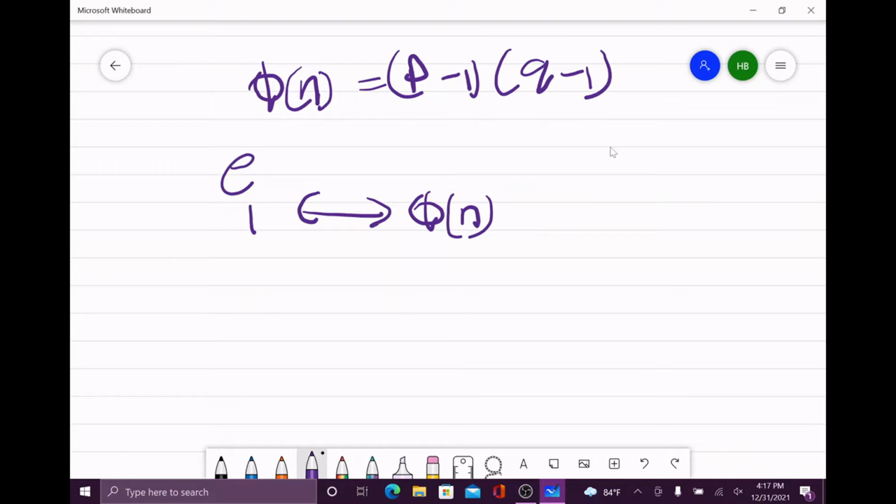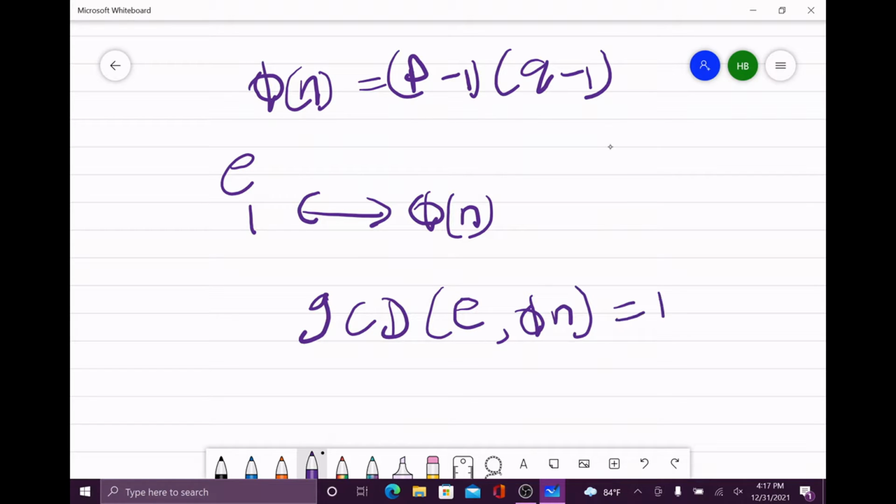What does that mean is the greatest common divisor of E and phi(n), the GCD of E and phi(n), equal to 1.